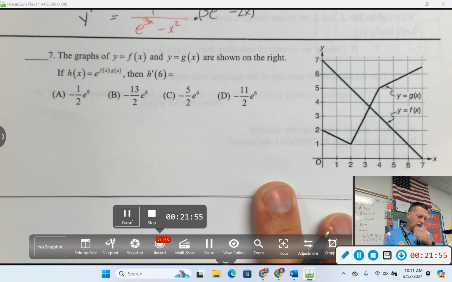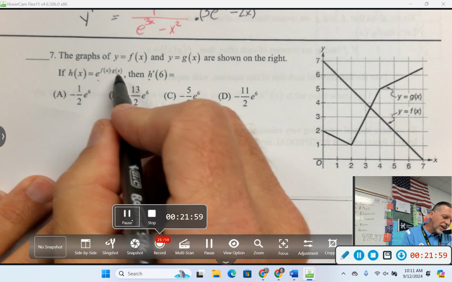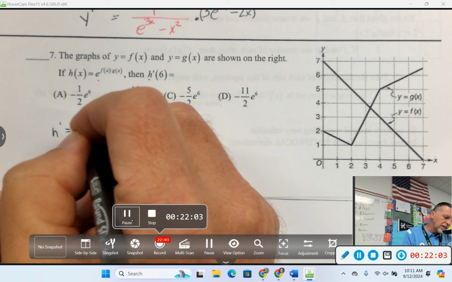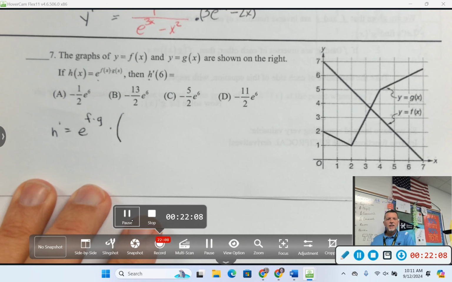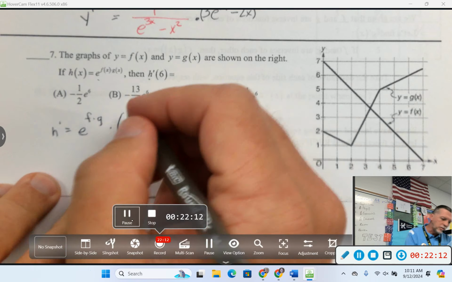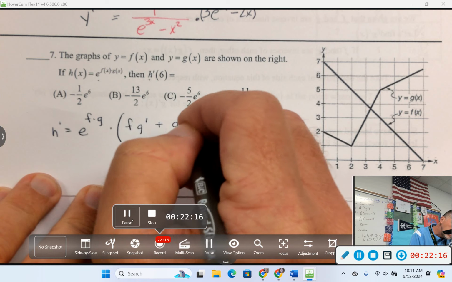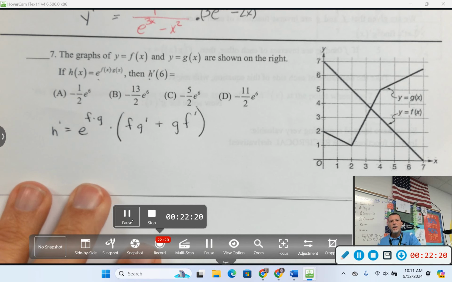Number 7, using a graph. I want the derivative of e to the f times g. Well, that's going to be e to the f times g. And then I need the derivative of f times g, so that would be the product rule, f g prime plus g f prime.